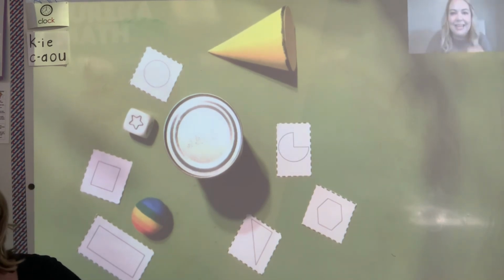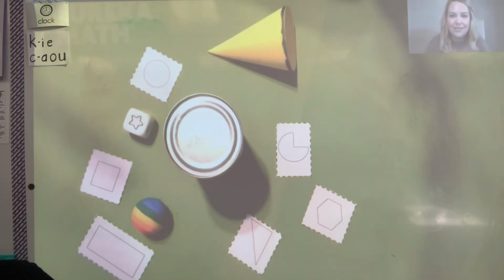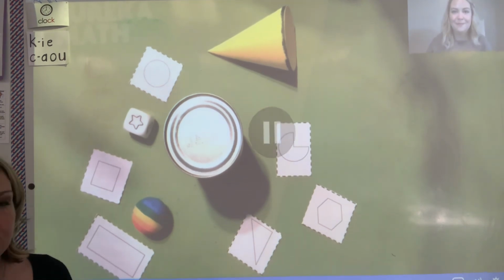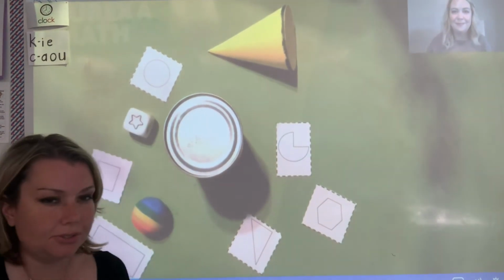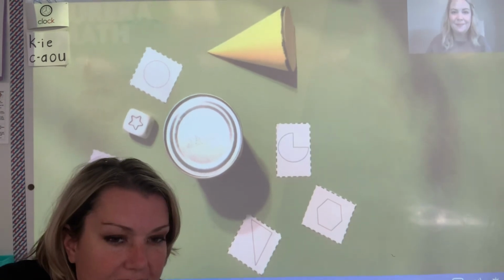What do you see now that you're looking all the way to the side like an ant looking across the table? What do you notice about the shapes from this view? Okay, raise your hand and tell me. What do you notice about them from this view?